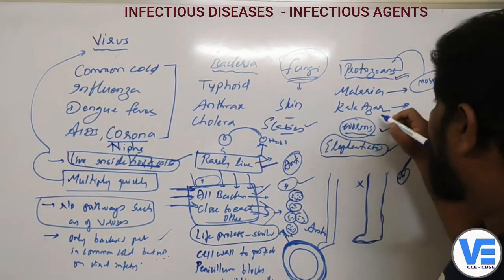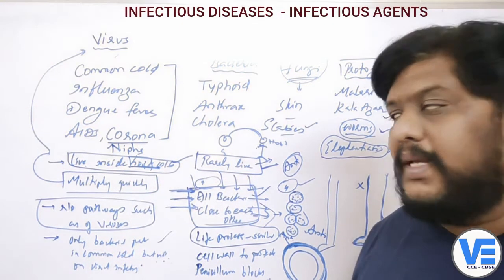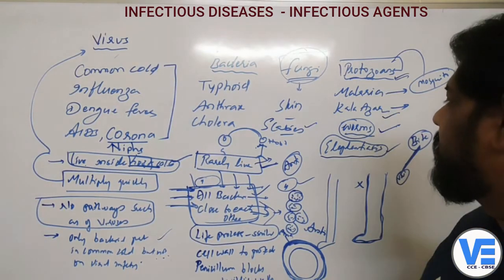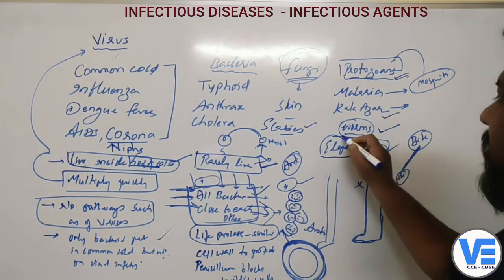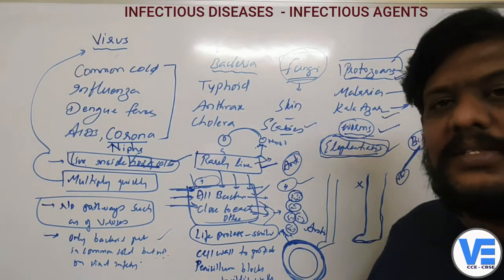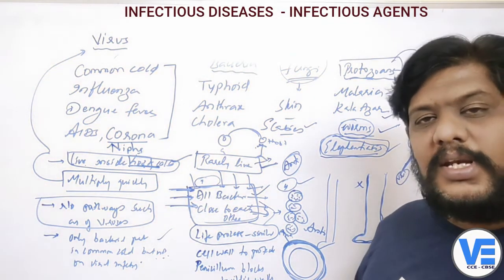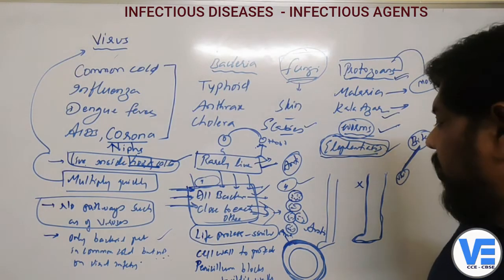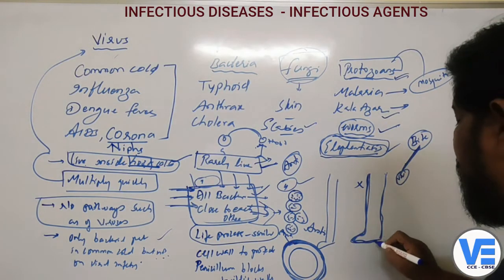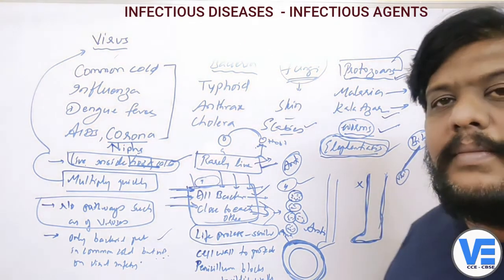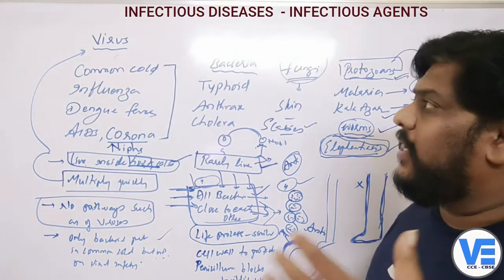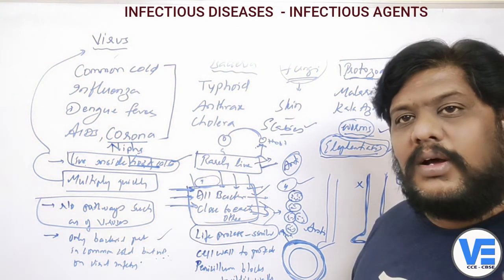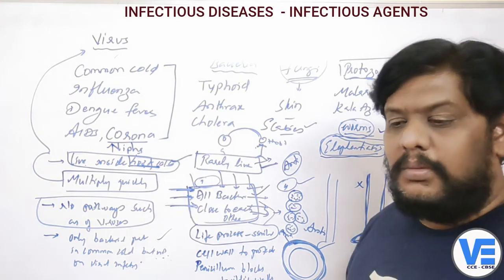Kala Azar is also a disease caused by protozoans. We have also talked about elephantiasis, which is caused by the filarial worm Wuchereria bancrofti, where you can see body parts swelling abnormally. This is how different microorganisms cause different diseases in our body.